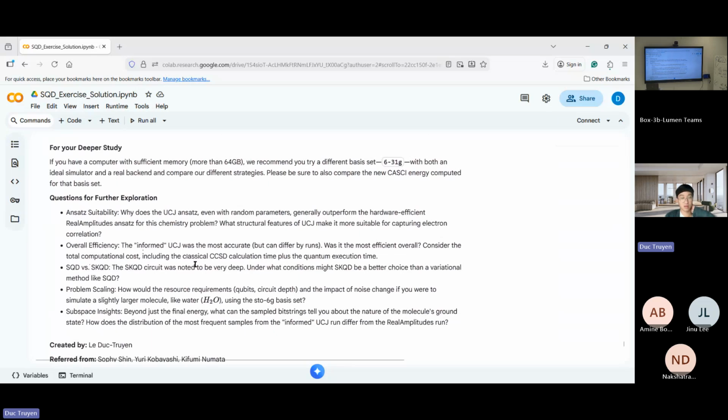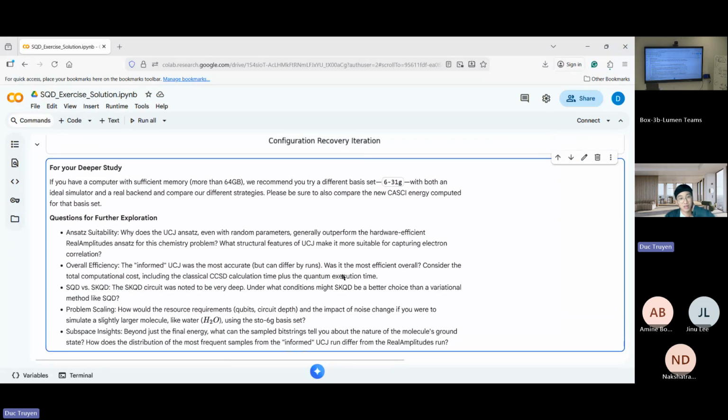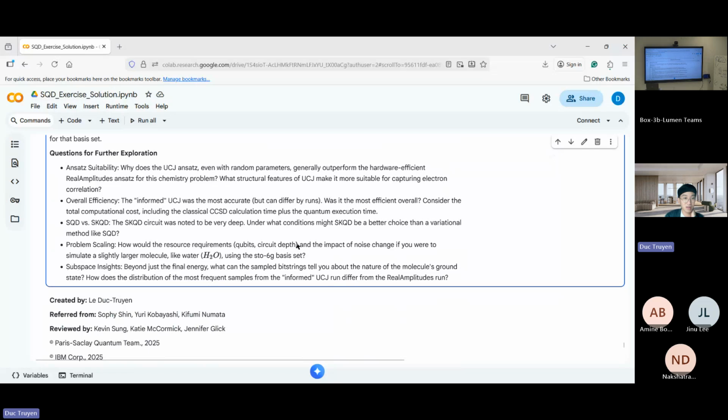SKQD is a variant of the SQD method, but we need to implement it on real hardware because the space for SQD is quite large, and it's impossible to run on a classical simulation. There's not enough memory to run it. So that's why I cut out that exercise part and just left you the basic one.